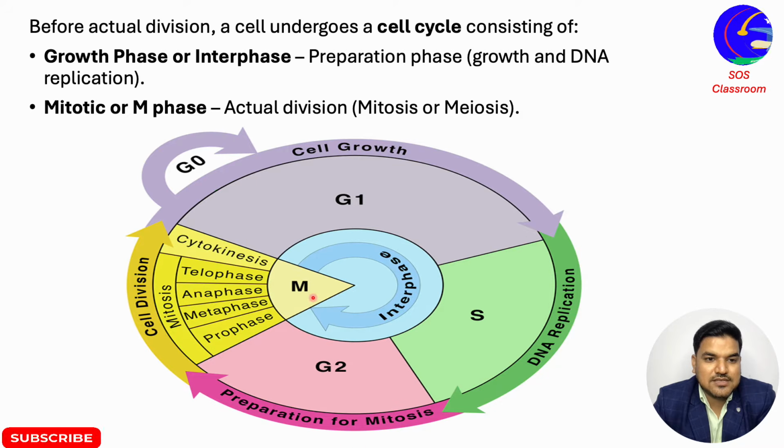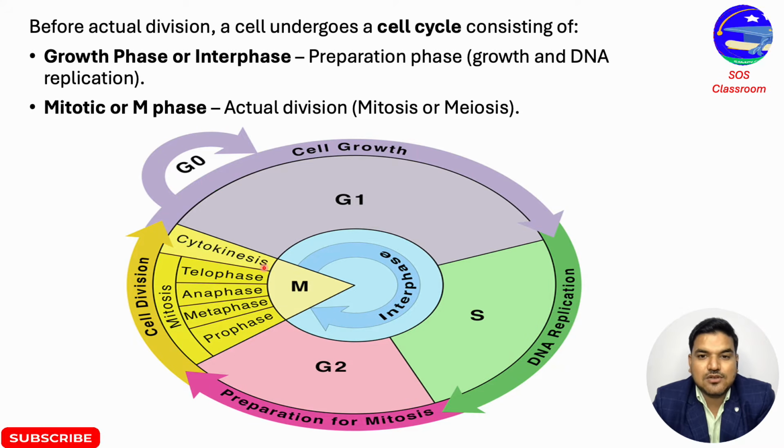The mitotic phase is divided into four stages: prophase, metaphase, anaphase, telophase. These are also called karyokinesis. Karyokinesis means division of the nucleus. And last is cytokinesis. Cytokinesis means division of the cytoplasm.